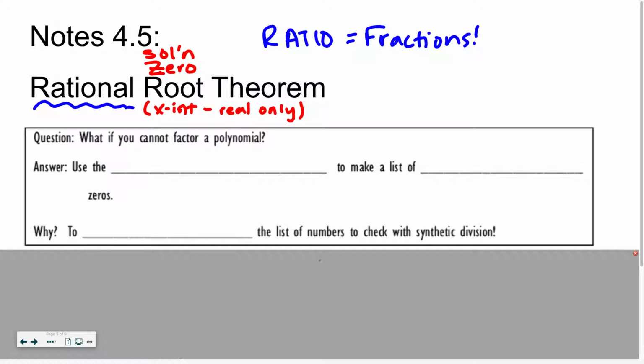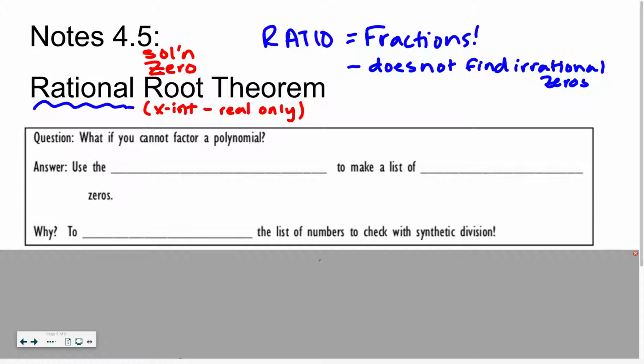So this is a way that we can find zeros that are rational, that can be written as fractions. They can be terminating decimals or repeating decimals, but they are not irrational. So this does not find irrational zeros, which can exist.